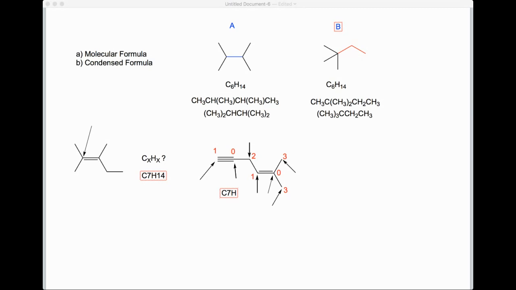That's a very good point. Okay. So in that molecule, the carbons are shown with an arrow: 1, 2, 3, 4, 5, 6, 7. And hydrogens, we have 1, 0, 2 more here, 3, 4, 0, 7, 10.